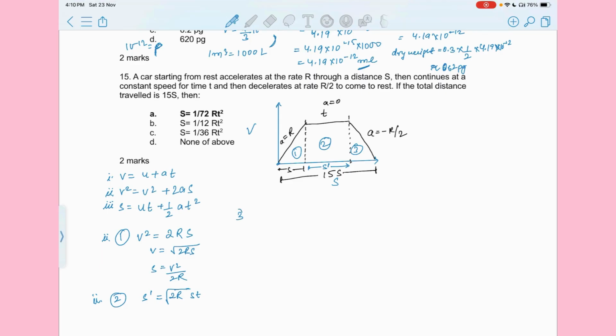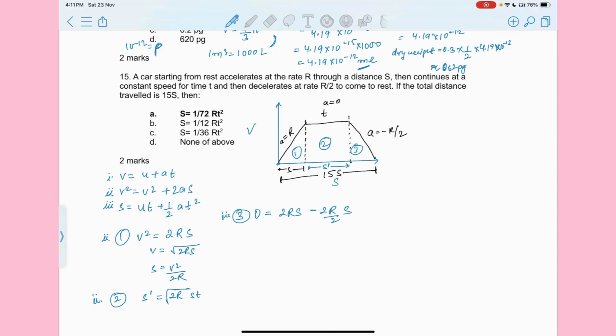Now for the third part, as it's decelerating, the final velocity is 0. The initial velocity will become under root 2rs, minus, we are using the second equation again here also, 2r by 2, the acceleration, into s.